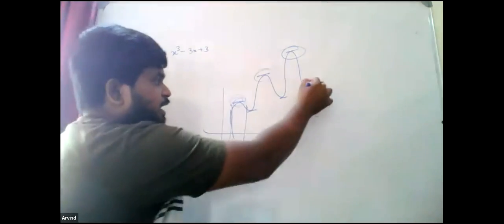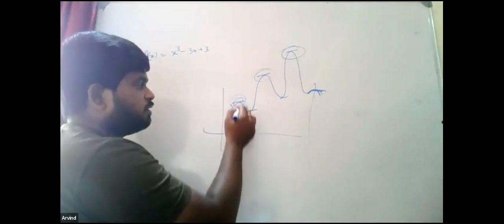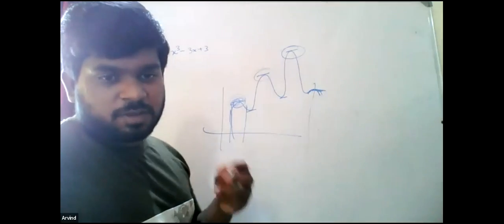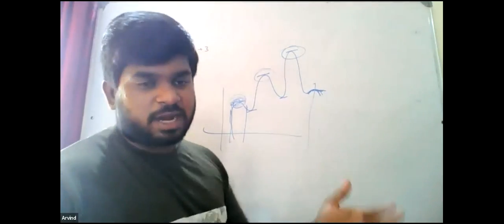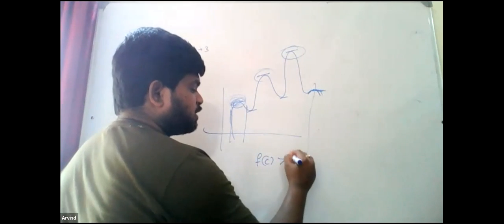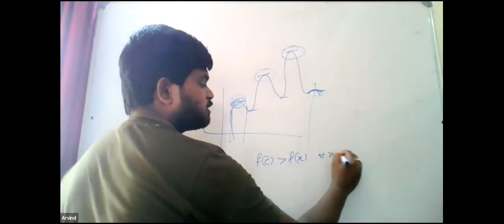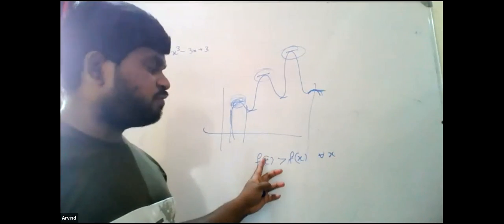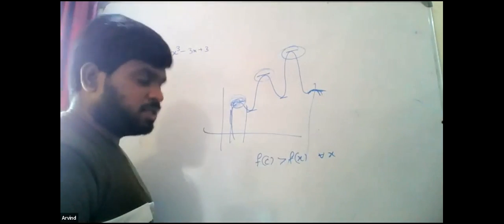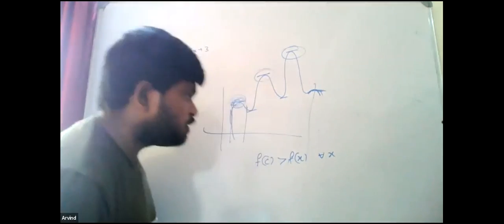But if I consider the entire interval from here to here, this cannot be the maximum value, right? So absolute maximum is that value which is always greater. That is, f of C is always greater than f of x for all x. Such kind of values are known as absolute maximum, or in the reverse, absolute minimum.